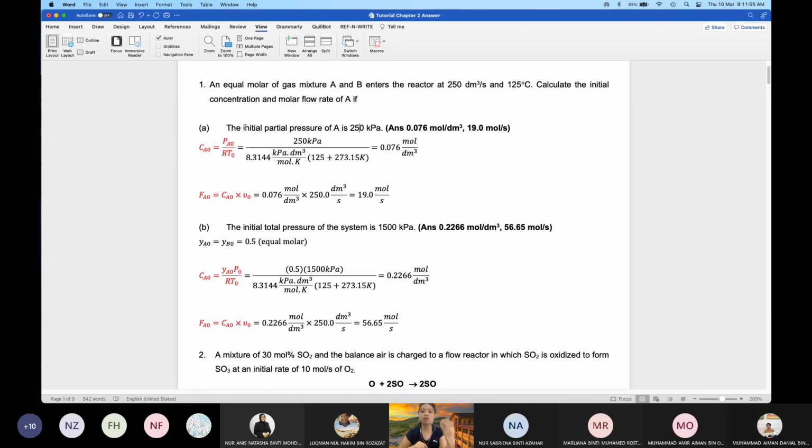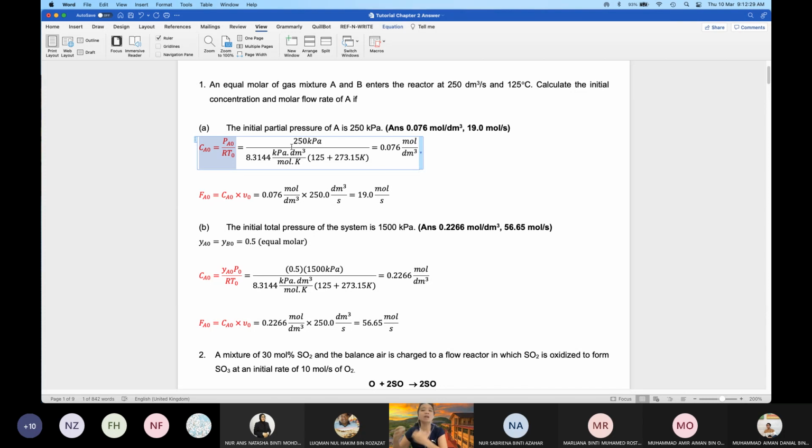If you have liquid phase, you can no longer use this equation, because this law only applies to gas phase. If you remember, the equation is given as CA0 equals PA0 over RT0. The concentration of A initially is equal to the initial partial pressure of A divided by R, the gas constant, multiplied by the initial temperature T0.